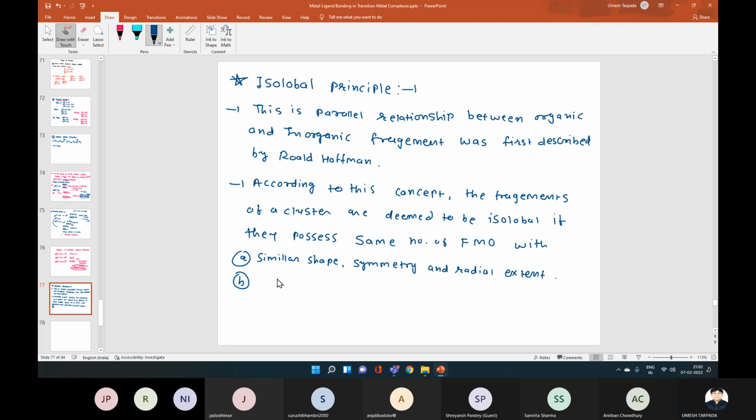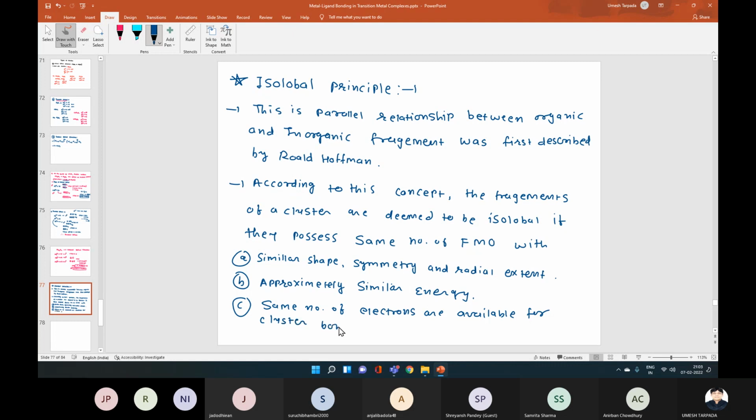Second one is approximately similar energy, and the same number of electrons available for cluster bonding.